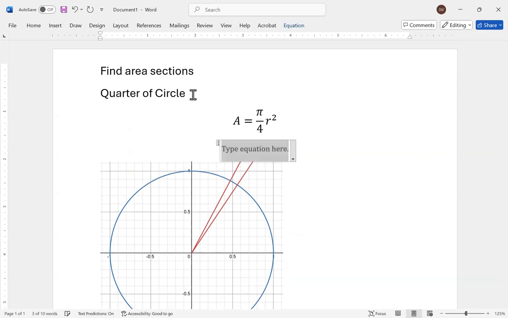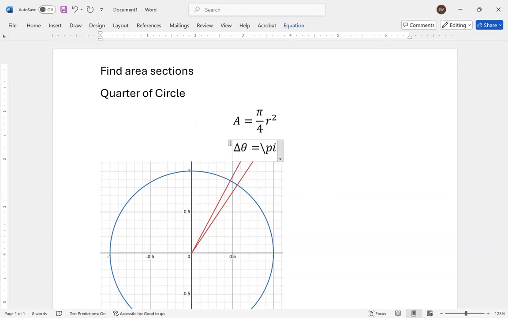So what I'm saying is that the change in angle for a quarter of a circle goes from angle 0 to angle pi over 2.